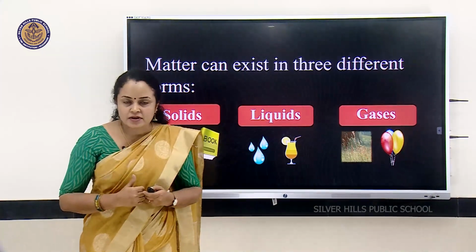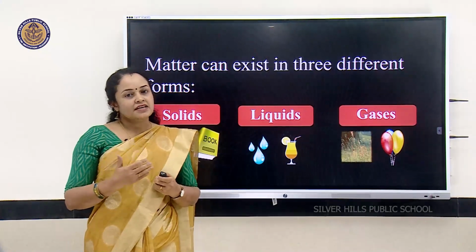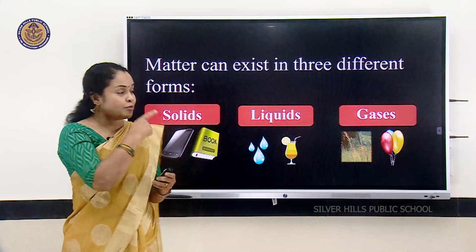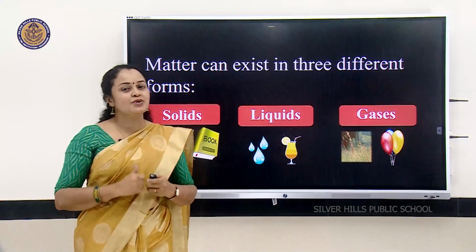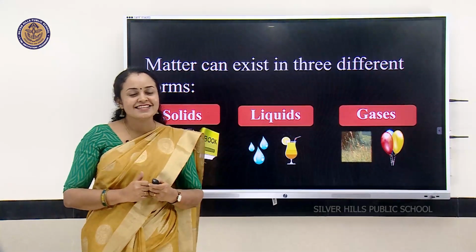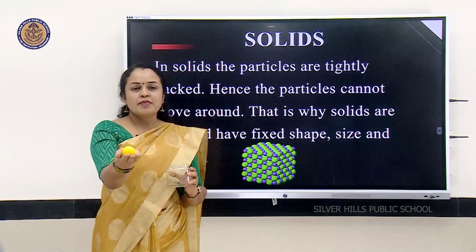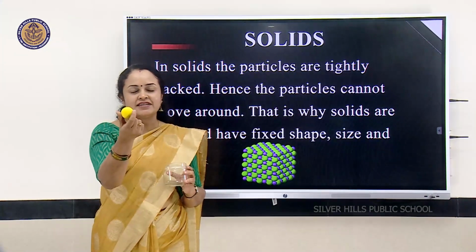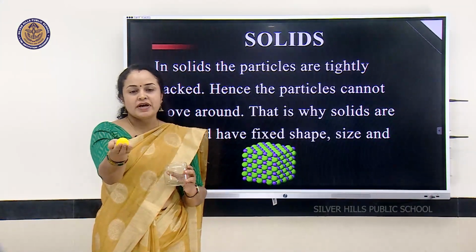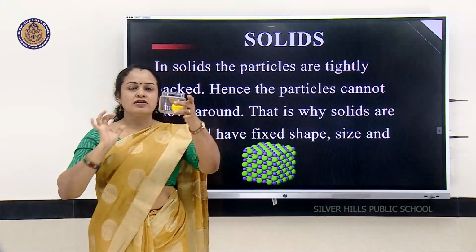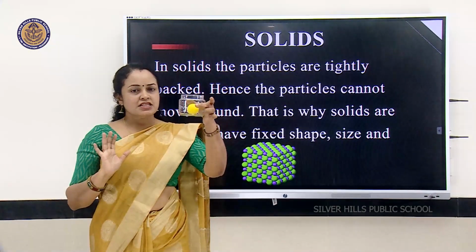Now, let us see in detail why some objects are known as solids, some are known as liquids, and some are included in the group of gases. That is what we are going to learn next. See, what is in my hand? I have a ball in my hand, isn't it? The ball is occupying the space in my hand. So when I am putting the ball in this bottle also, the ball is occupying the same space.